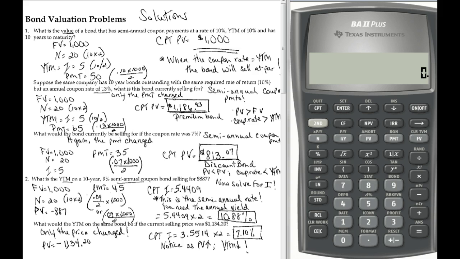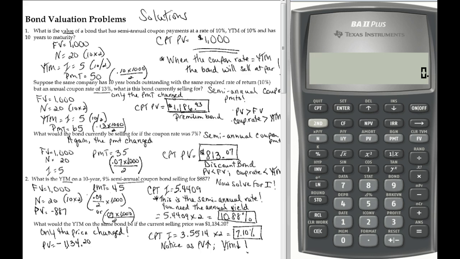The first part of problem 1 is pretty much the same question that you had in the second screencast where we found the different values of a bond, but here we're going to find them with semi-annual coupon payments. It asks, what is the value of a bond that has a semi-annual coupon payment at a rate of 10%, a yield to maturity of 10%, and has 10 years to maturity?